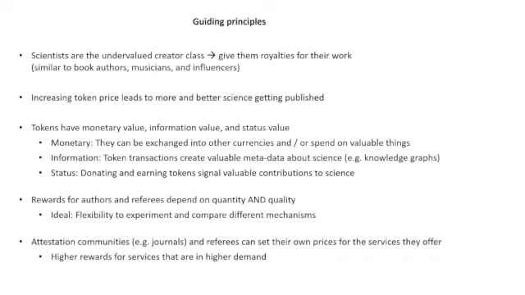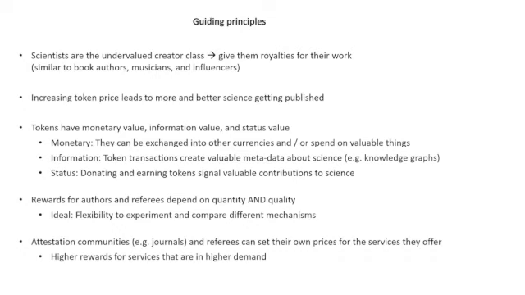Then next, the rewards for the authors and the referees should depend not only on quantity, but also on quality. And this is where things are obviously going to get really tricky, because the big question is, how do we measure these things? I think there is probably not going to be one size that fits all.